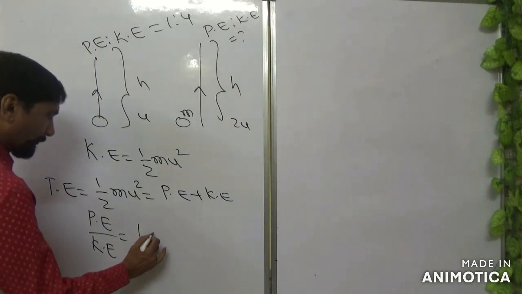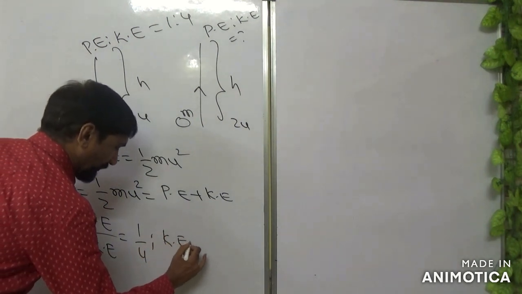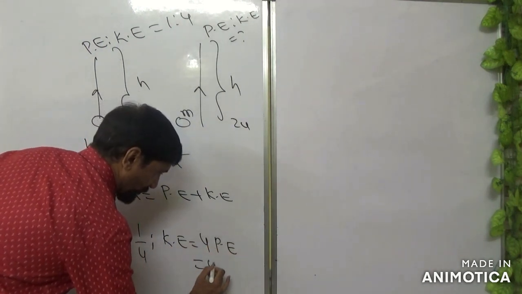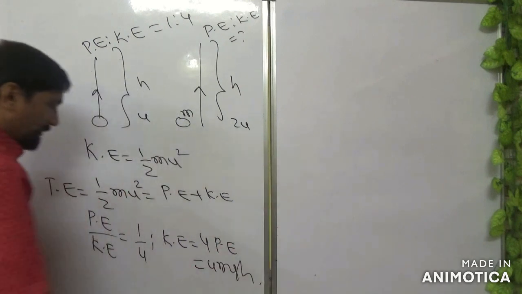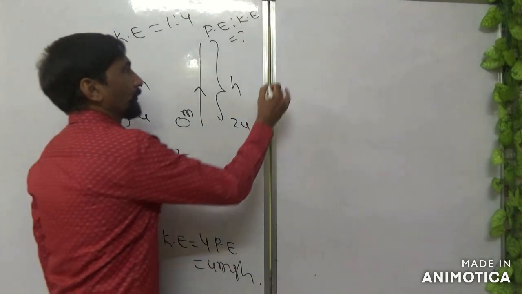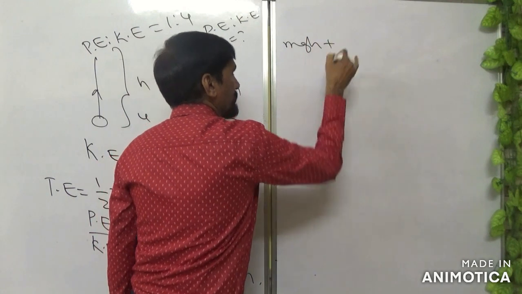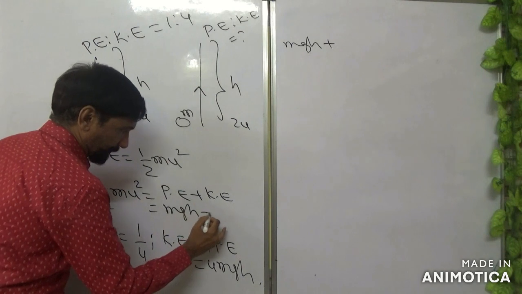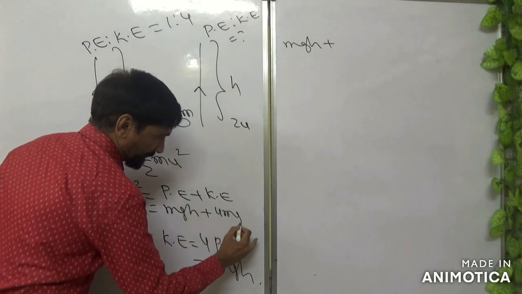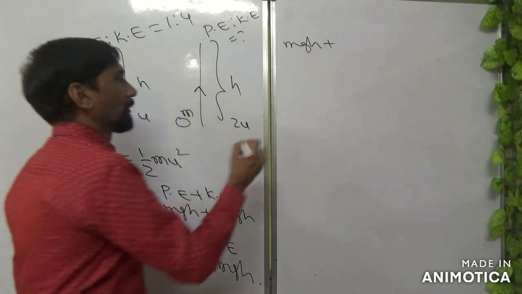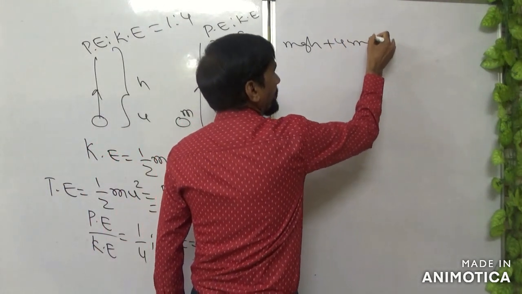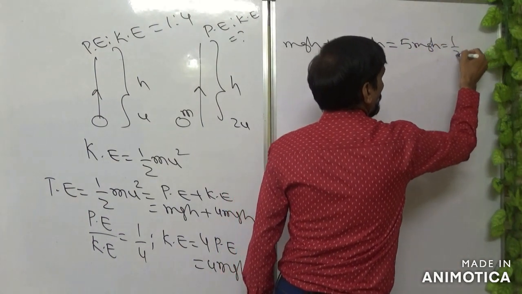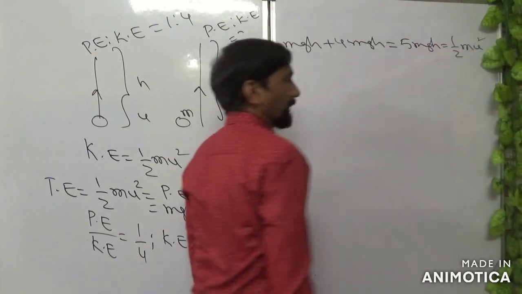Therefore, kinetic equal to 4 times potential, means 4 mgh. Therefore, you can take 1 mgh plus 4 mgh. So total 5 mgh, which is equal to half m u square.